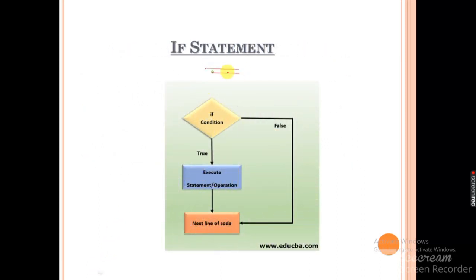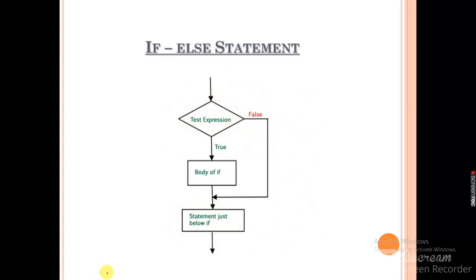Here is the if condition execution diagram. If the condition is false, then it will execute the next line of the code. But if the condition is true, then it will execute the statement and then proceed to the next line of the code. Then comes the if else statement.